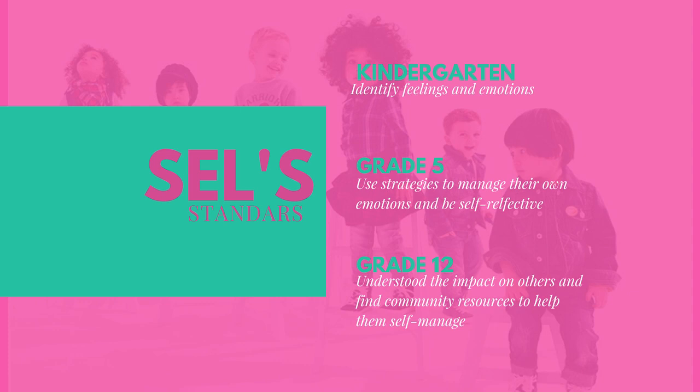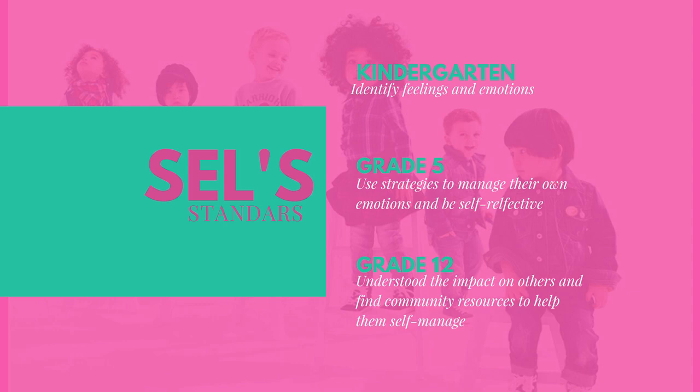And grade 12, understood the impact on others and find community resources to help them self-manage. So in this case, those standards are for all groups that any school has.